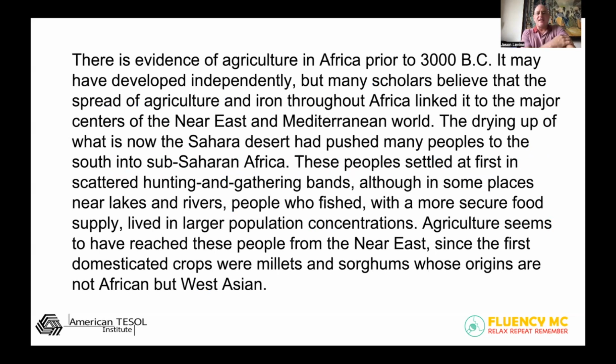But the reality is that language is chunked into collocations. That's how we really get meaning from something. So agriculture, right? Evidence of agriculture. That helps you with the word evidence. It helps you with the word agriculture. And that's how you're going to see it. Now, not every time. We also have what? Spread of agriculture.